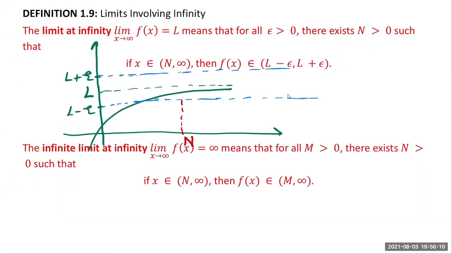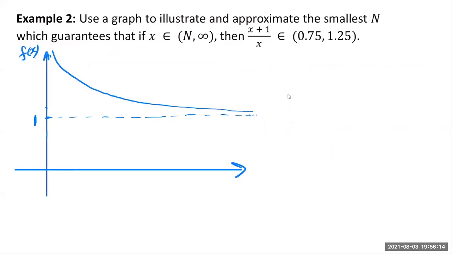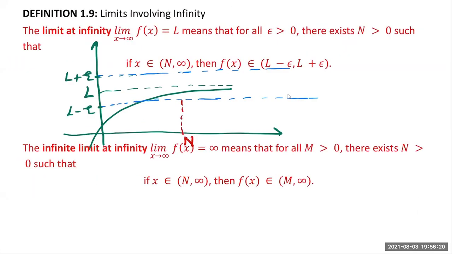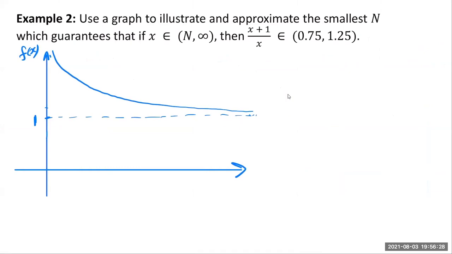Okay, clearly this definition will go with that one, right? Because you clearly have a limit, like you want your f of x to fall in this interval. You want your f of x to be between L minus epsilon and L plus epsilon, and you want to find an n, okay, such that if x is in this interval, your f of x is in this interval.